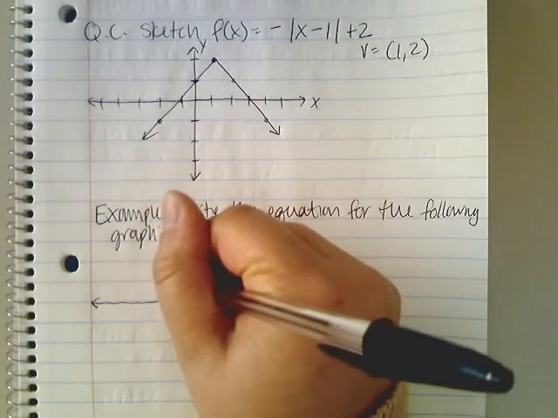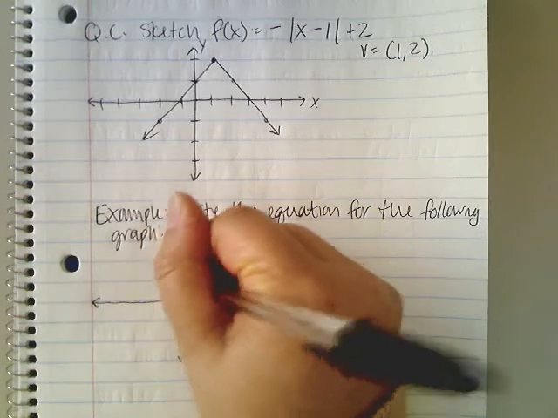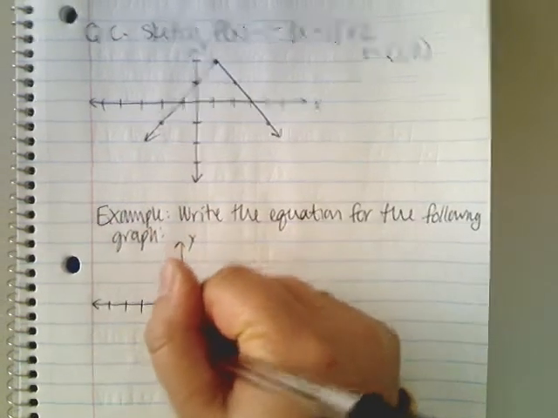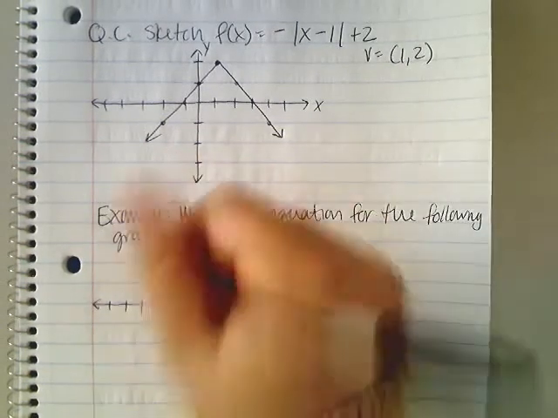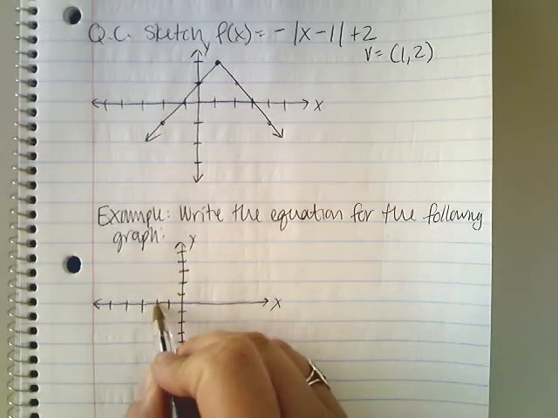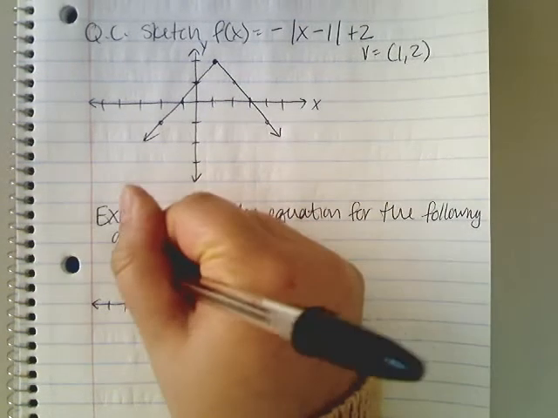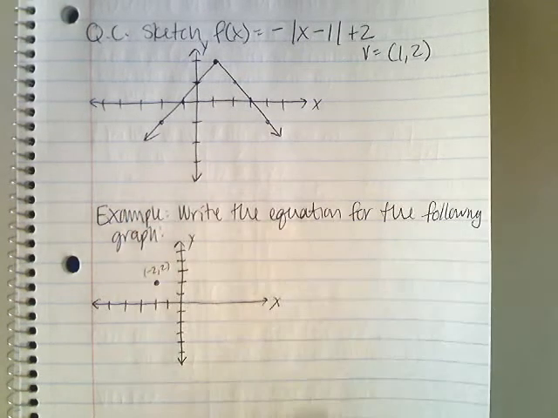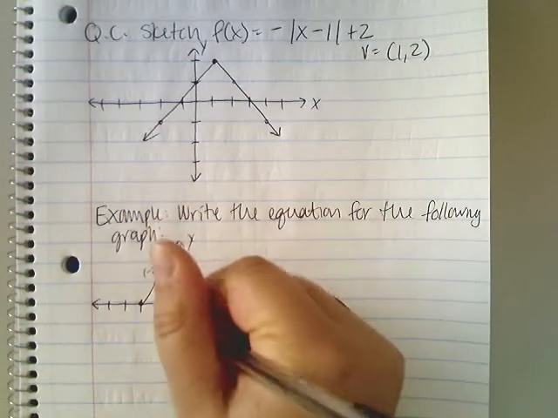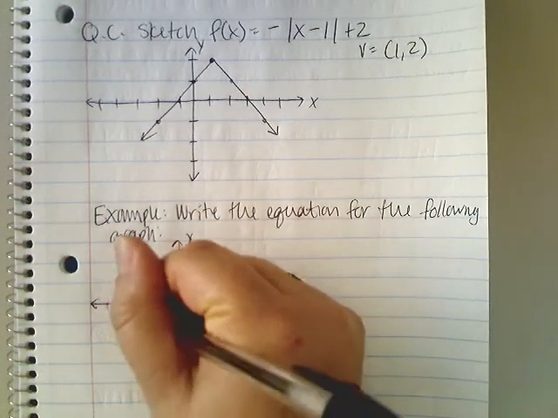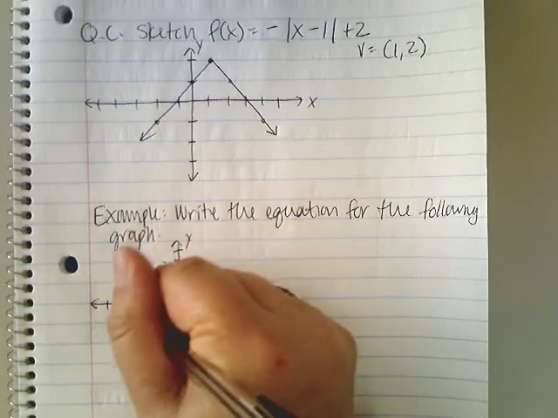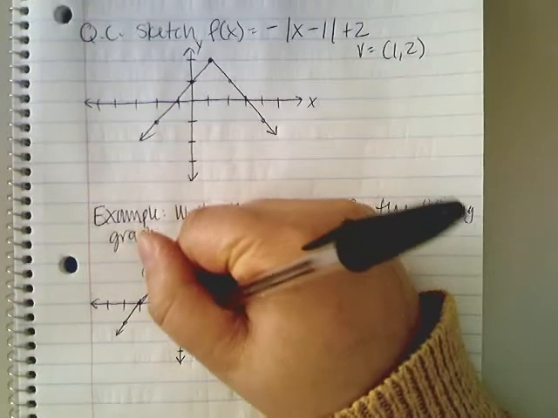X-axis, y-axis, we'll go 1, 2, 3. Okay, so I'm going to plot this at the point -2, 2. So I'll drop this here. And then I'm going to plot this point and this point. All right, so this is our graph.